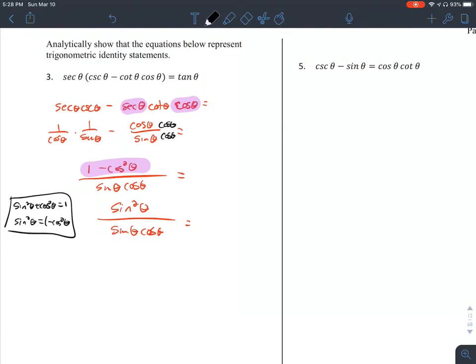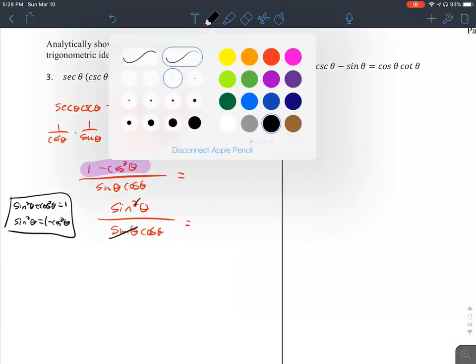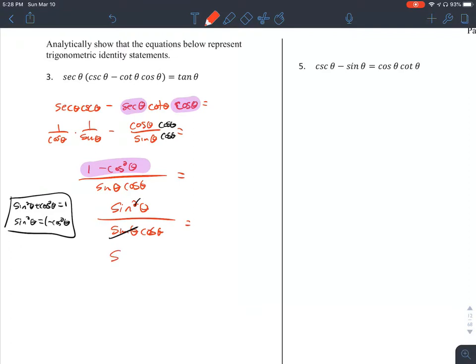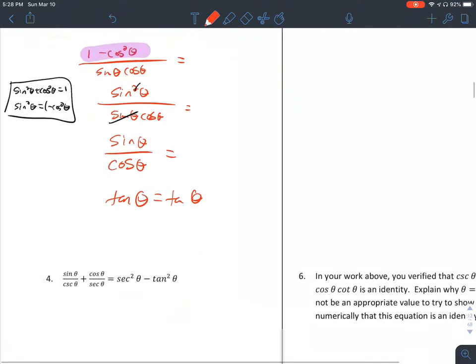Then we can cancel a sine from the top and bottom because we are multiplying the top and bottom by those. That gives us sine of theta over cosine of theta. And at this point, what do we do? We look at the right side of the equation. It's tangent. Well, so is the left, because sine divided by cosine of the same angle is tangent of theta. Excellent. Finished.